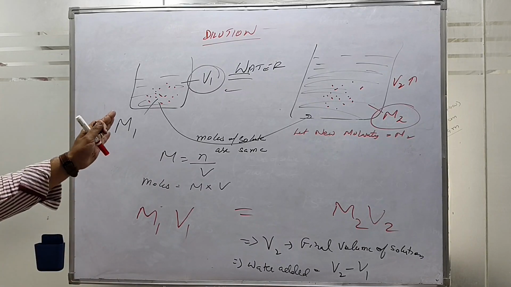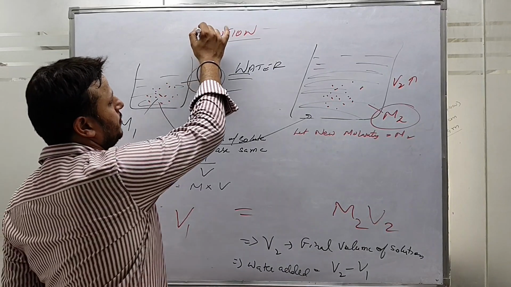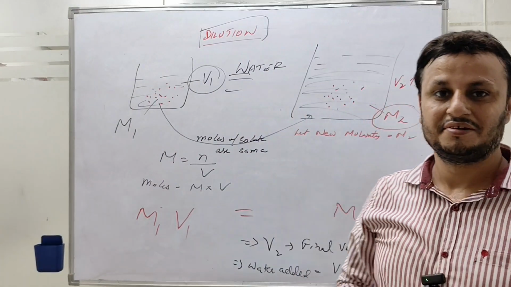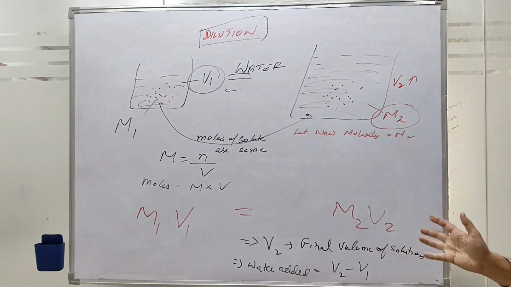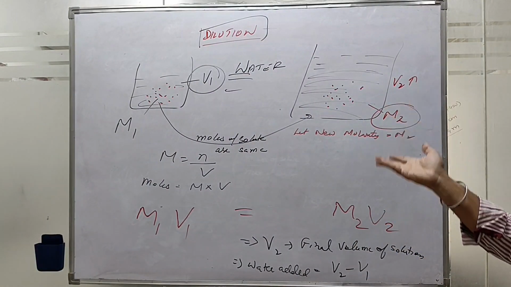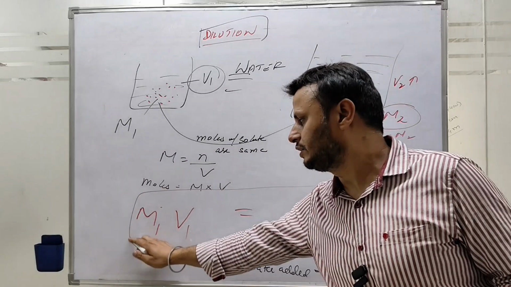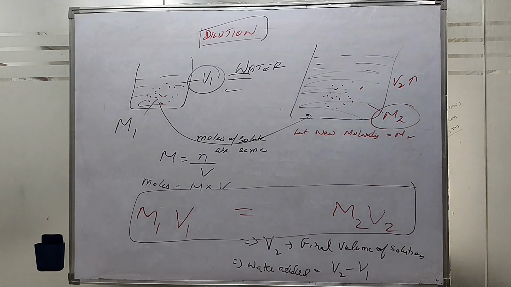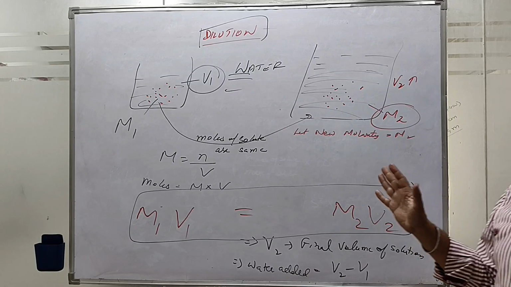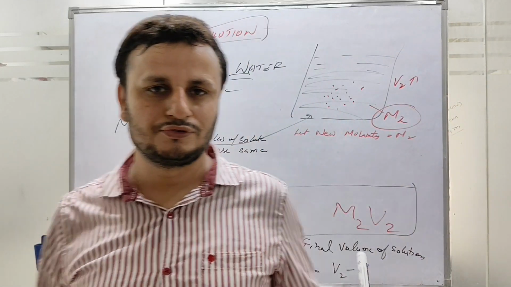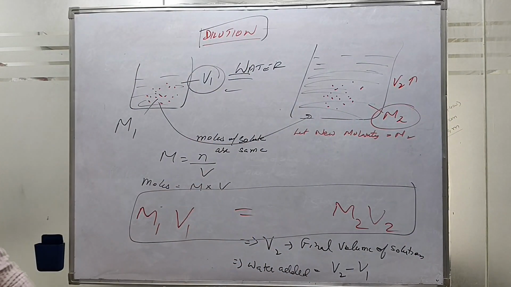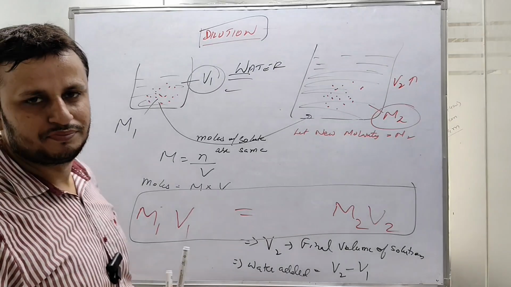So this is to find the new molarity, the new volume, or the initial volume, initial molarity, one of them will be a variable of the question. In dilution, on adding water, we just have to use M1 V1 equal to M2 V2.